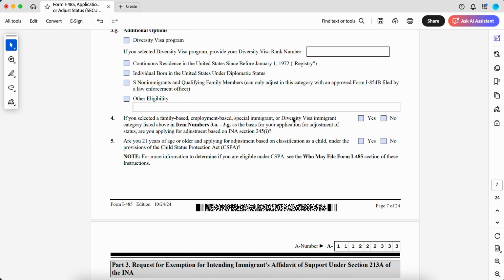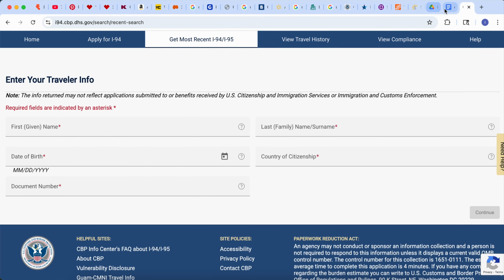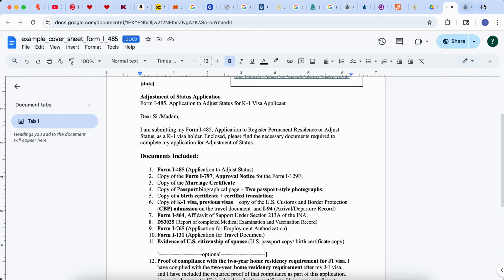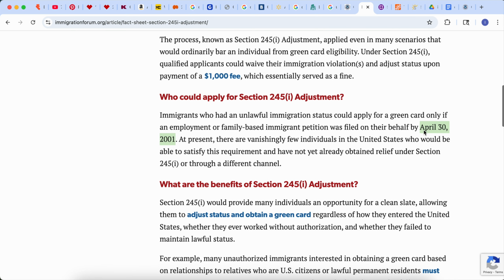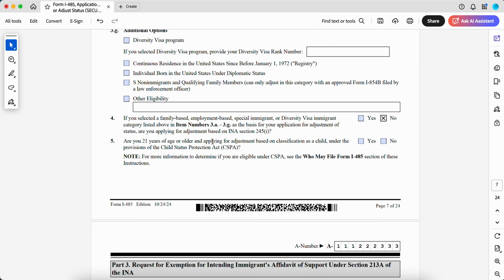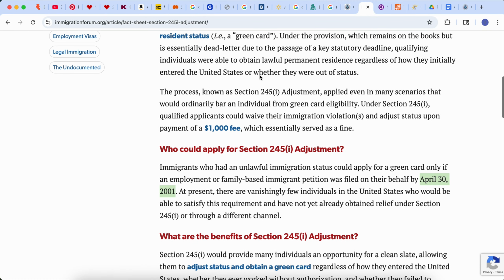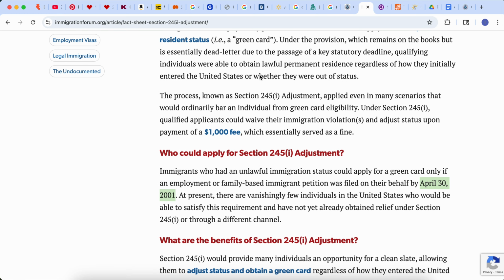If you select a family-based, special immigrant, diversity visa, or other eligible basis for your application for adjustment of status, or you are applying for adjustment based on INA section 245(i), you write no. If you were not here in the United States before April 30th, 2001, because this section is basically about the people that were in the United States unlawfully before April 30, 2001, and they have to apply and pay a $1,000 fee to have a green card and be in the United States legally.